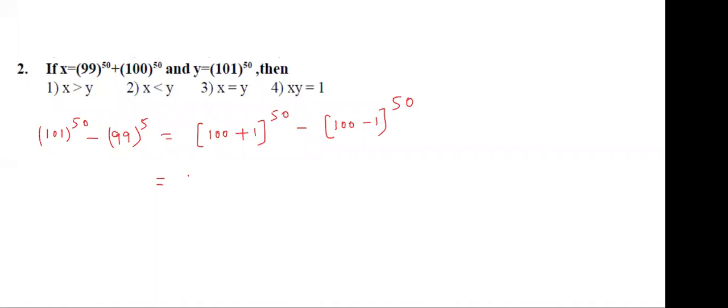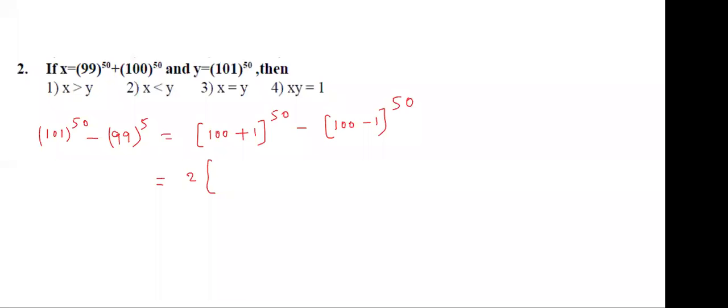Now the remaining terms I am writing. Which terms are going to cancel? 50C0, 50C2, 50C4, those terms are going to cancel because in between there is a minus. The terms 50C1, 50C3, 50C5 are the ones that remain.